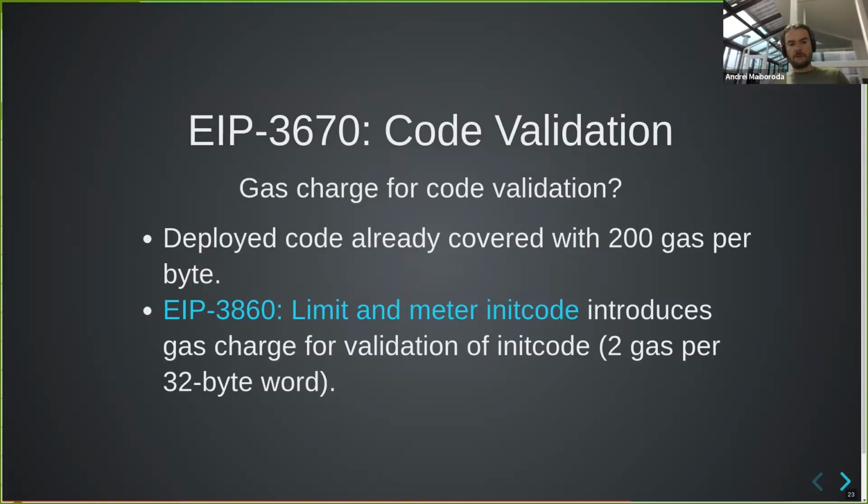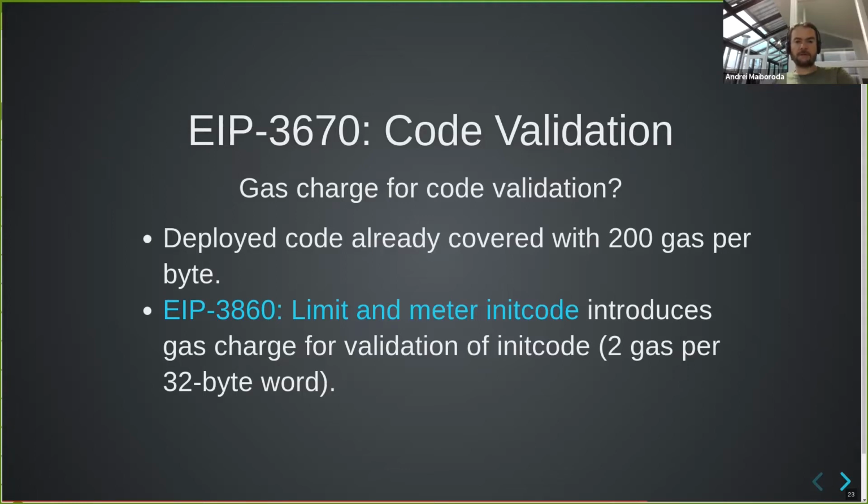Also the thing to note here is that this happens in two stages. First, the init code is validated before being executed, with all the rules for EOF. And when init code finishes execution and returns the code to be deployed, that code must also be validated, and it must be valid, otherwise it is not allowed to be deployed. So there are two parts to this overhead.